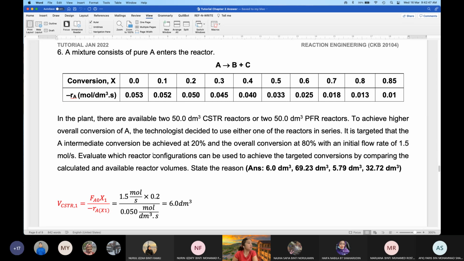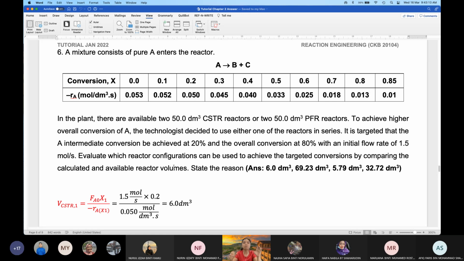Okay, it says evaluate which reactor configuration can be used to achieve the targeted conversion by comparing the calculated and available reactor volume. State the reason. So it is asking now, since we have two configurations, imagine in the plant in your lab, you have two configurations. Either you want to use 2 CSTR or you want to use 2 PFR.